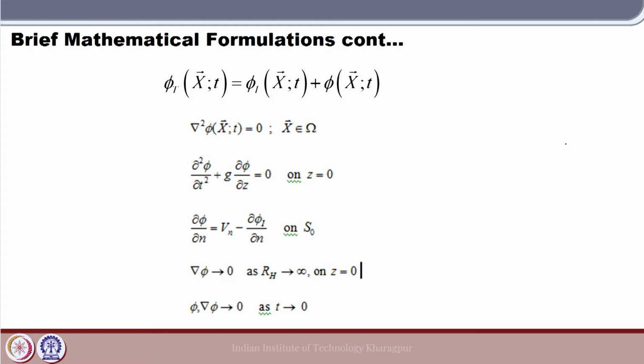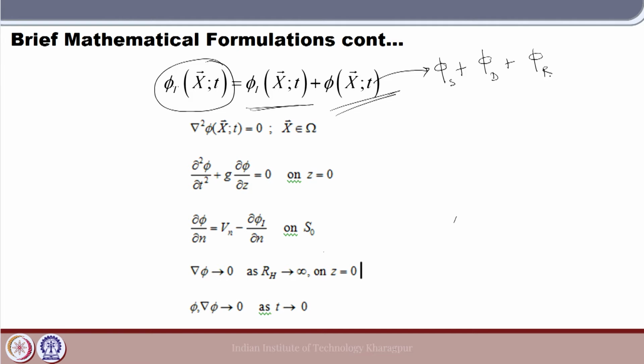Now, this is the brief mathematical formulation we have discussed a lot, so I am just refreshing you. The total velocity potential is composed of two parts. One is the incident wave potential phi I, and another is the disturbed potential. Under the disturbed potential, as you know, we have phi steady, plus phi diffraction, plus phi radiation.